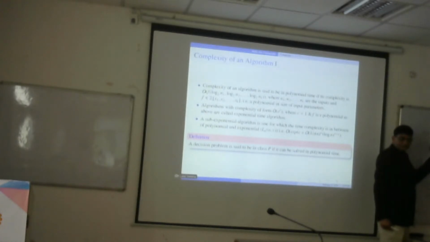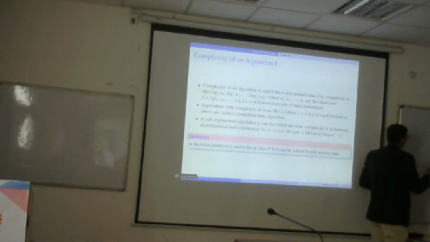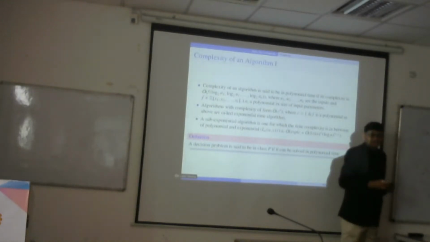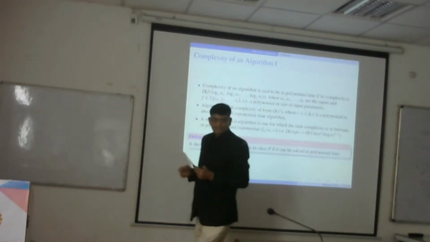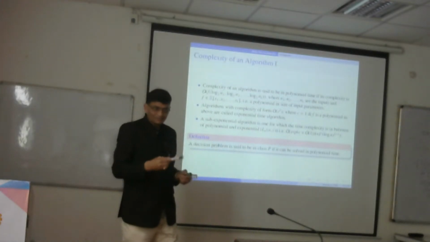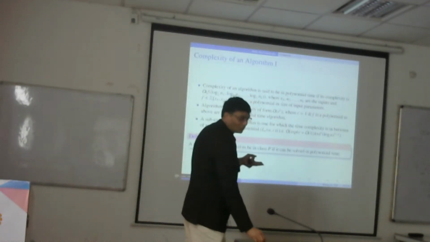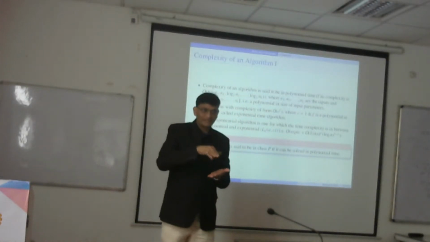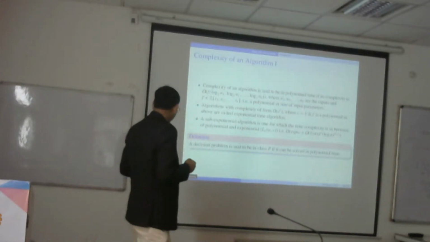If alpha is 0, the behavior is polynomial, and if alpha is 1 it is an exponential function. So you can see the behavior of this function: it lies between polynomial and exponential.